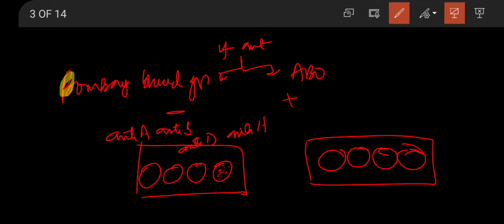Now what are the blood groups? You just imagine the antigens here. What you can understand from this picture is A is absent, B is also absent, Rh is absent, H antigen is present. So what is the blood group?